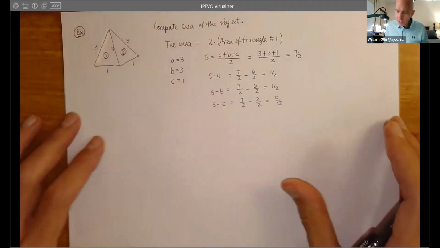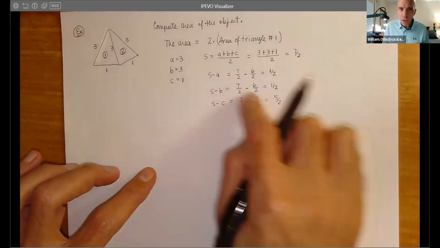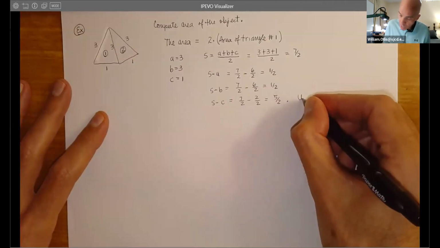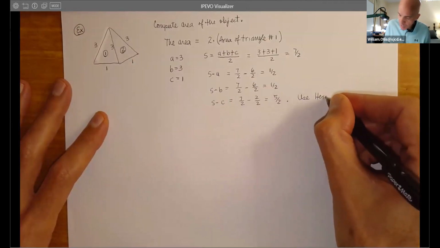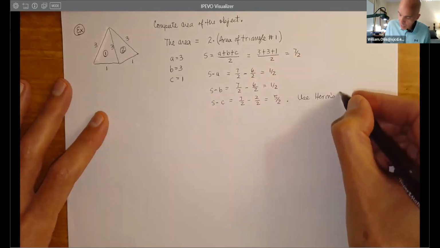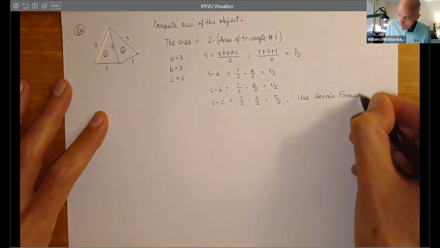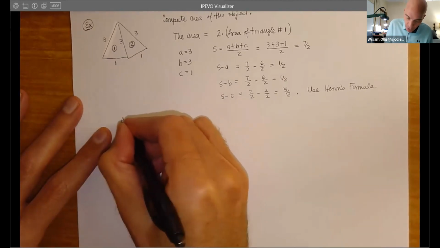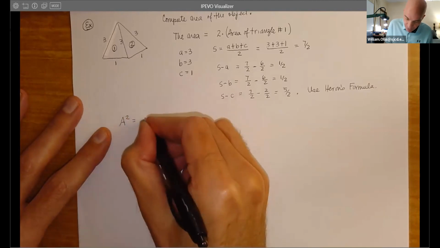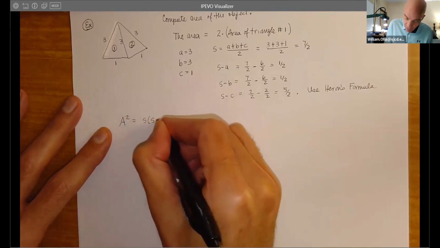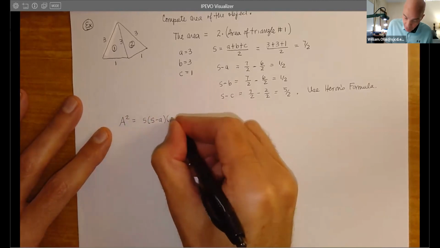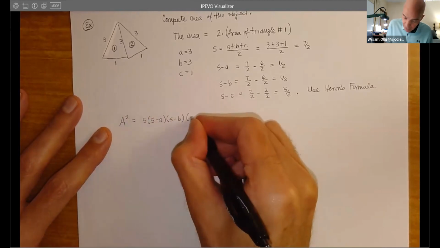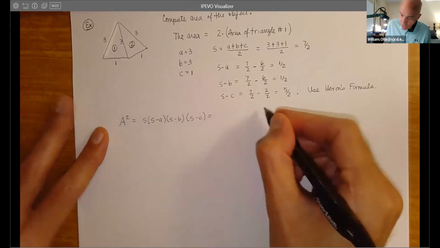Now, when you look at this, you're thinking, okay, well, I've got all the particulars here, and I can use Heron's formula. So at this point, use Heron's formula. Well, obviously, we're thinking about using this. So we see area. Let's just go ahead and do the area squared. This will be S times S minus A times S minus B times S minus C. So let's fill it all in.